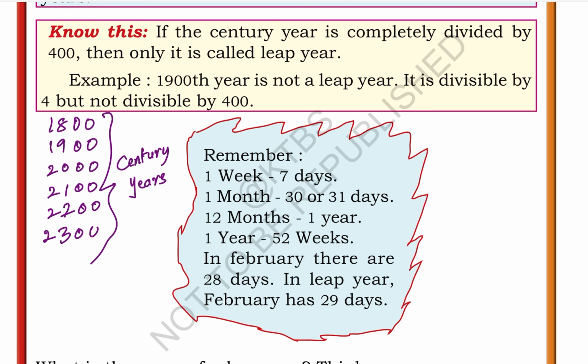If these century years are completely divided by 400, not by 4, by 400, then only it is called a leap year. Example: 1900 is not a leap year. It is divisible by 4, but not divisible by 400. Got the point? So, it is not a leap year.